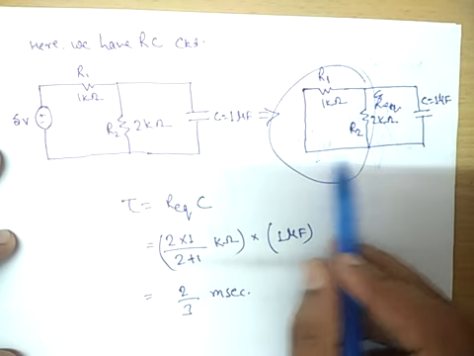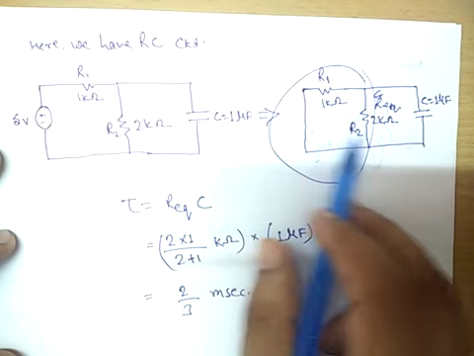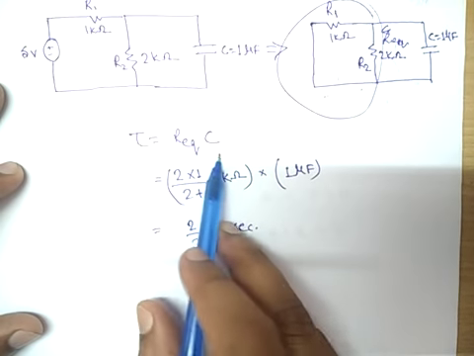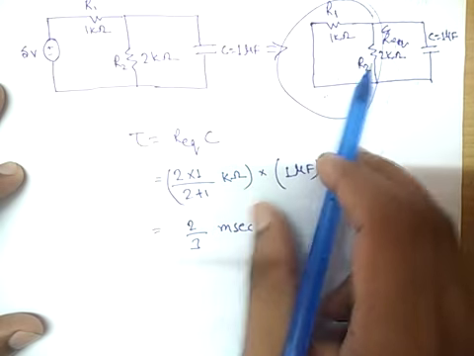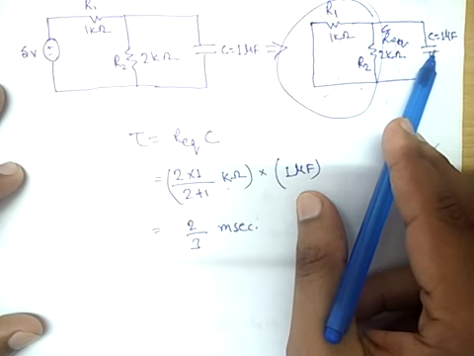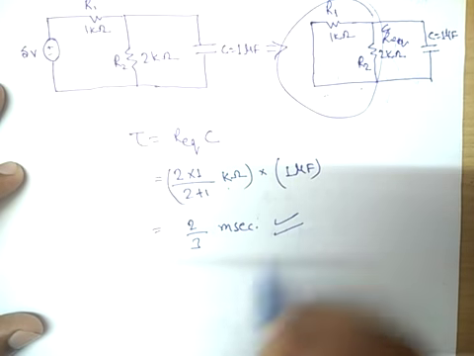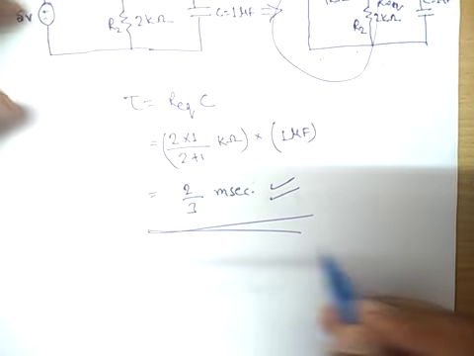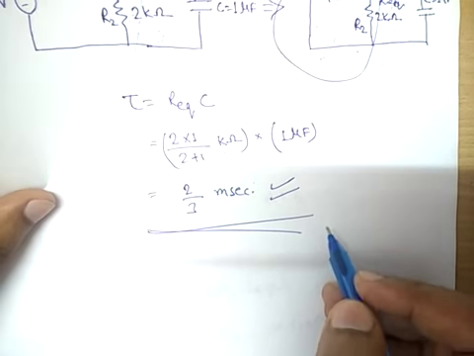This is a parallel connection, and we can easily find R equivalent times C. R equivalent is just the parallel combination of these two resistance values, multiplied by this capacitor. So the final expression comes as 2 by 3 milliseconds. So half of the portion is completed. Tau equals 2 by 3 millisecond.